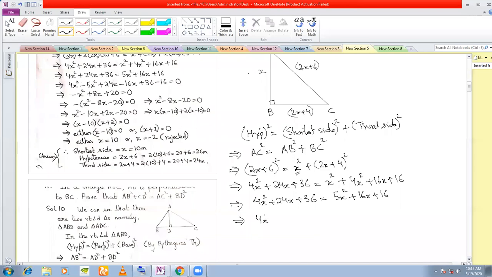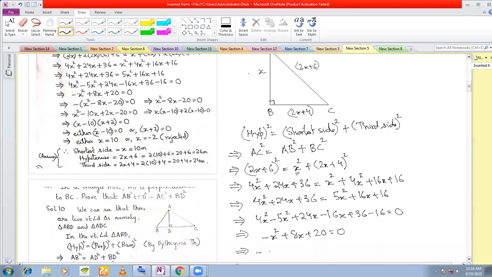Now you take everything to one side, that is the left side. You get 4x square minus 5x square plus 24x minus 16x plus 36 minus 16 is equal to 0. So you get minus x square plus 8x plus 20 is equal to 0.